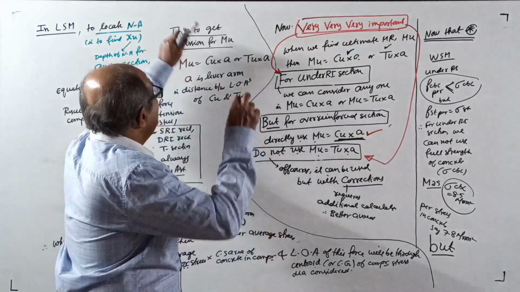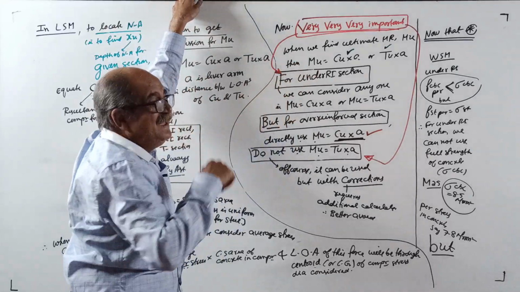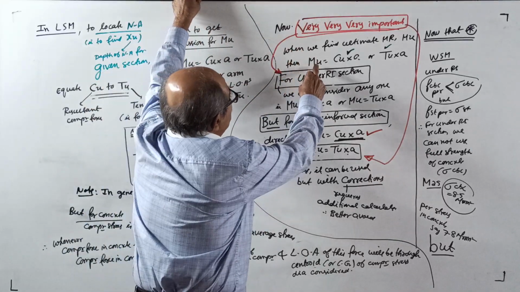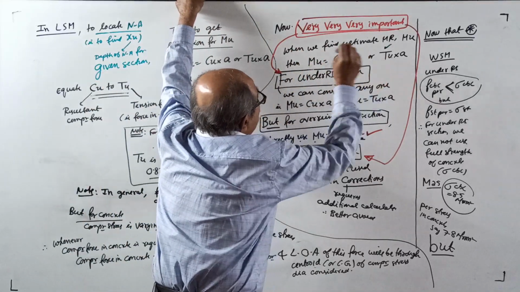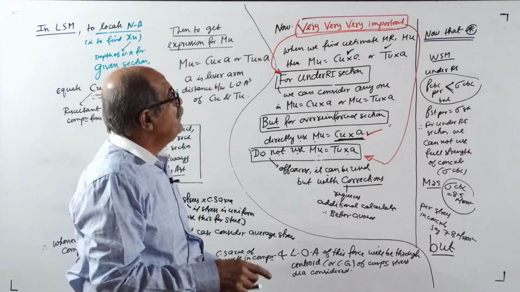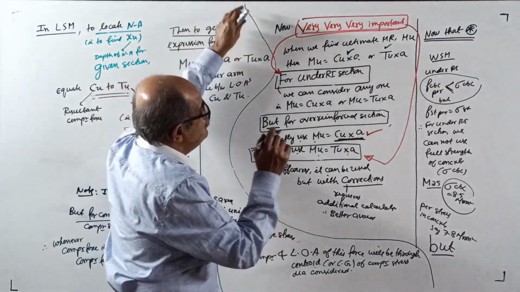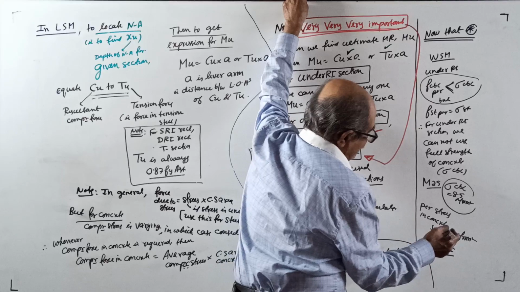But in limit state method, see now, I wrote, you can find Mu equal to Cu into a or Tu into a. Now, very important. In case you use Cu into a, where to write it now?